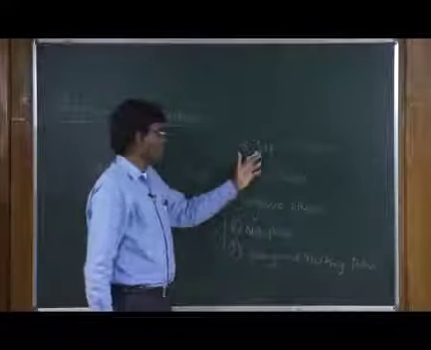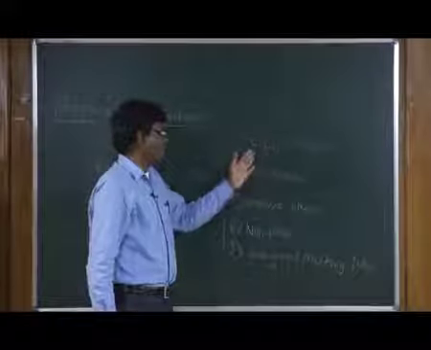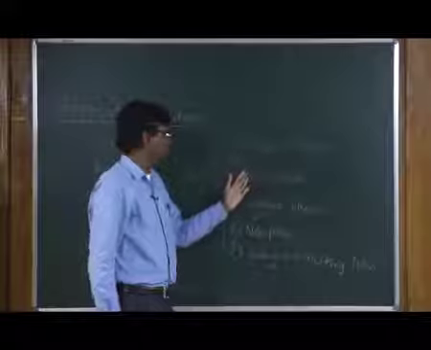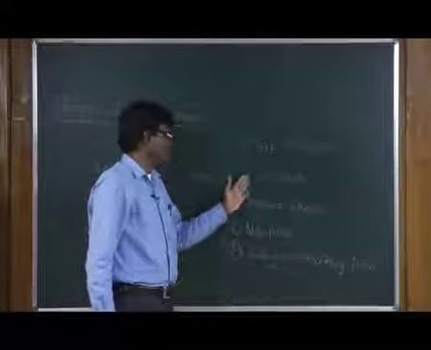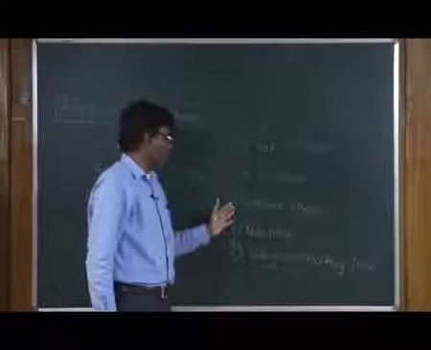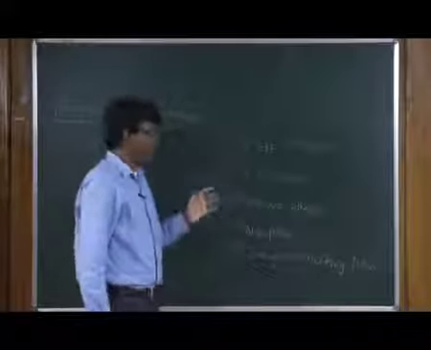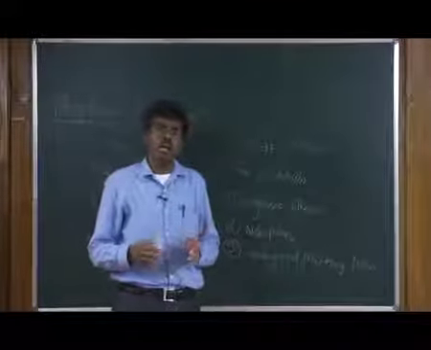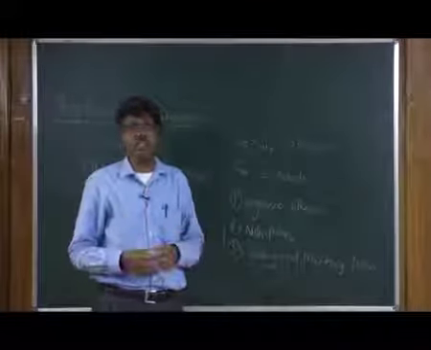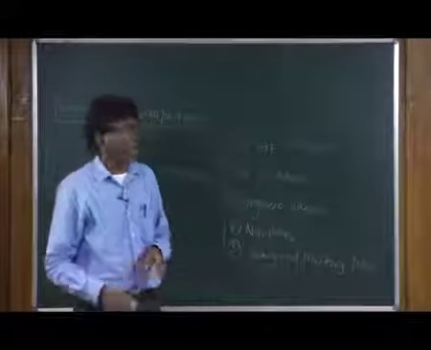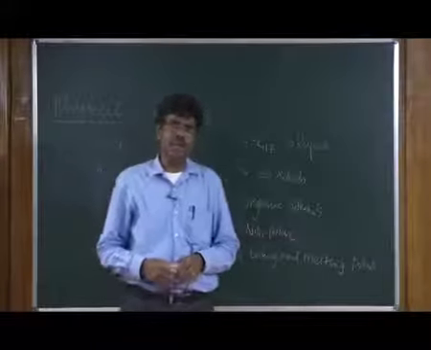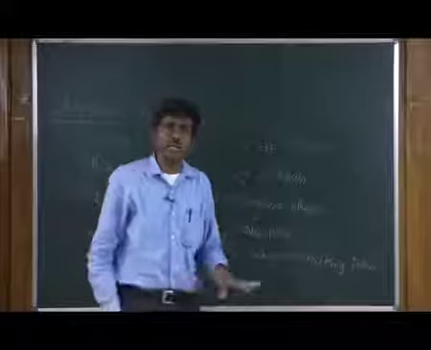The next 14 members, the alkenes that contain C5 to C17, are usually liquids, and the alkenes that contain more than C18 carbon atoms are solids. They are nonpolar compounds, well soluble in organic solvents. Their boiling and melting points increase with increasing molecular weight. In the next class we will study the chemical properties of the alkenes. With this I conclude.